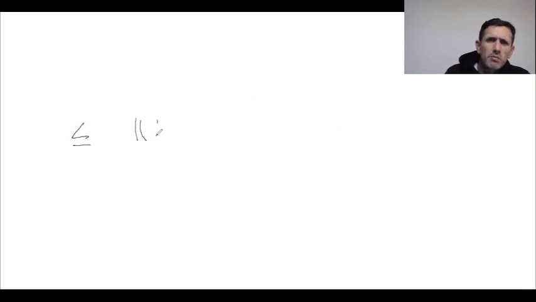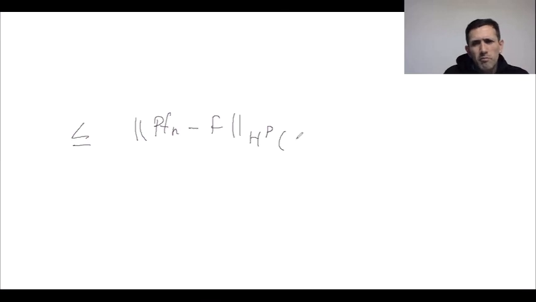So this is Pfn. So this is basically a proof that point evaluation is bounded on the Hardy space, and hence the Hardy space is a reproducing kernel Hilbert space. Embedded in this homework is actually quite a bit of the basic function theory and Hilbert space theory of the Hardy space.